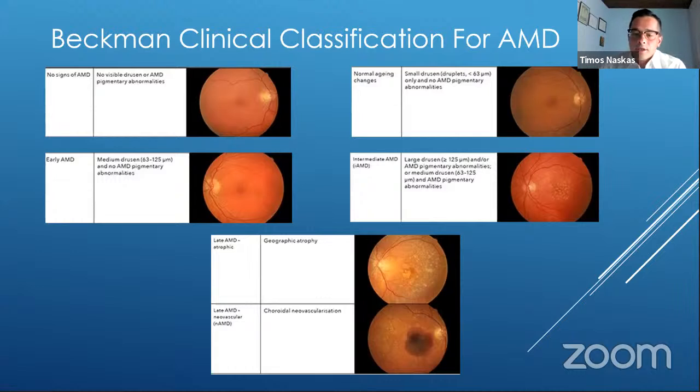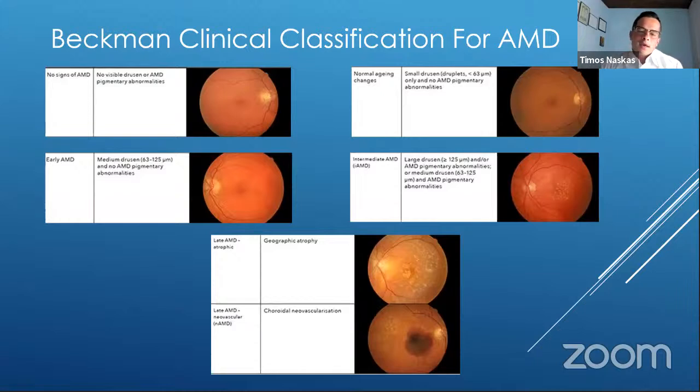And then the final stage that the Beckman system recognizes is the late AMD stage, which is split into what we call otherwise wet and dry AMD. So dry AMD would be atrophic AMD, and wet AMD would be choroidal neovascularization, where we have vessels breaking through into the intraretinal space and leaking blood or fluid.